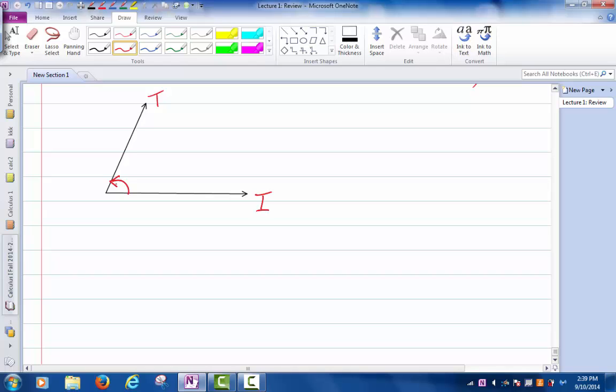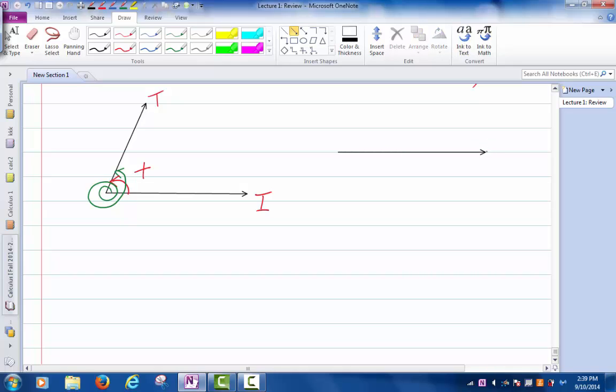Also, I can revolve the terminal side round and come back. I can make two complete revolutions and come back to the same point. It's a positive angle. What's the negative angle? Well, it's just the opposite of that. That is, you revolve the terminal side clockwise.